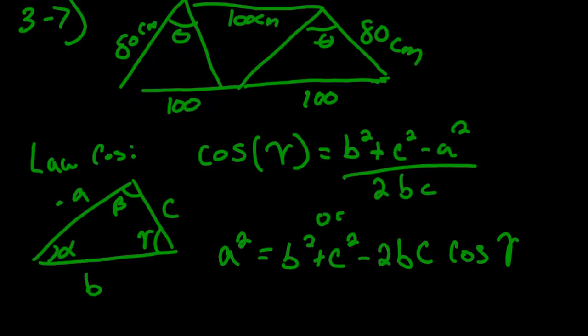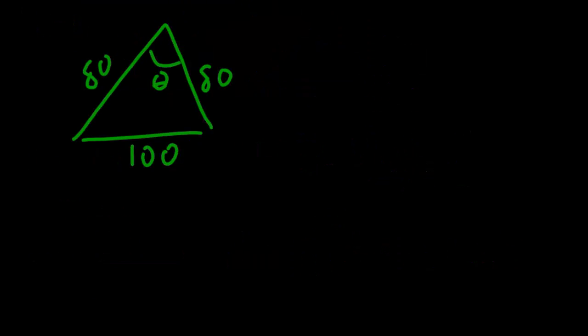What would side A be? A would actually be 100 because it's the opposite side of gamma. It's the angle pointing to the side, right? So right here, A would be 100.